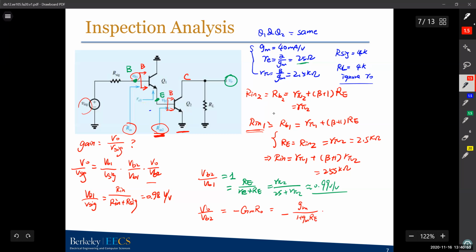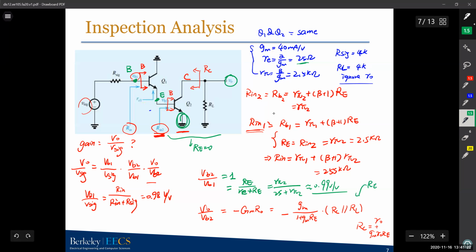And your Ro is R small c in parallel with RL. The thing is, your R small c is Ro plus gm Ro RE. And for this circuit, we know RE is 0 because the emitter is connected to the ground. So RE equals 0.